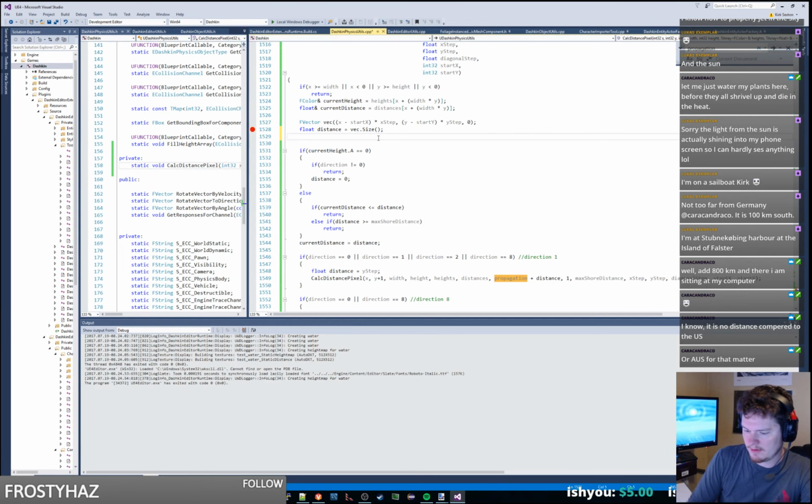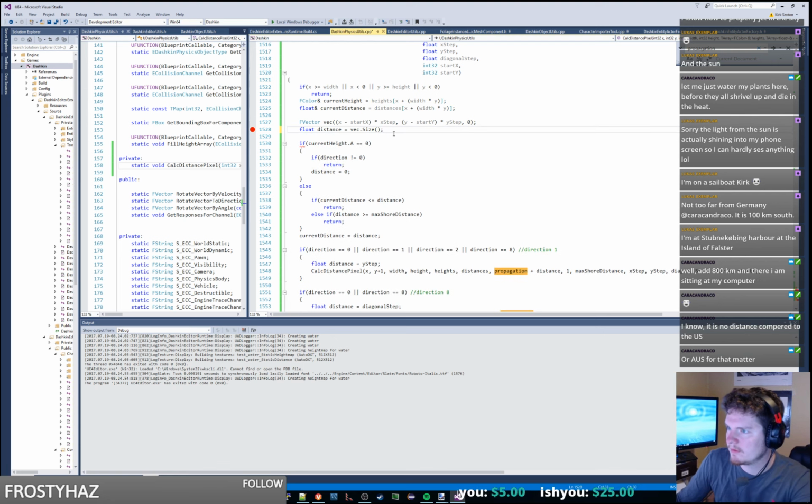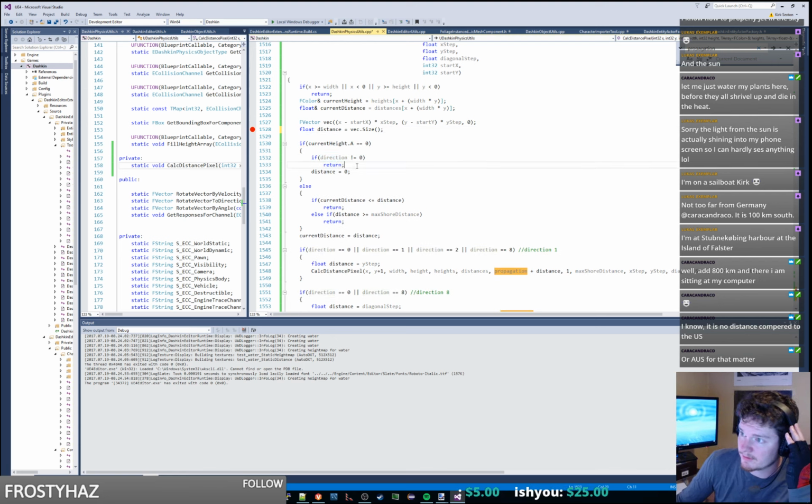So if direction, yeah, if current height equals 0, if direction does not equal 0, then we can just return distance equals 0.